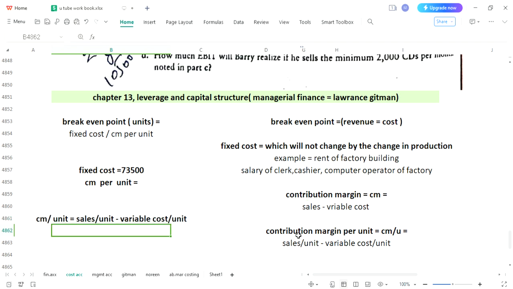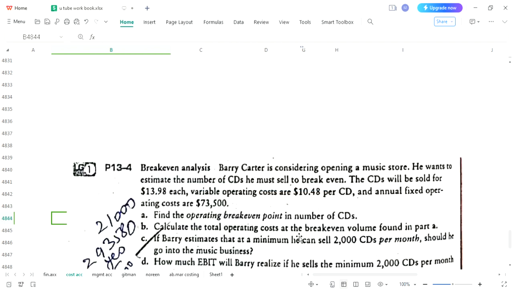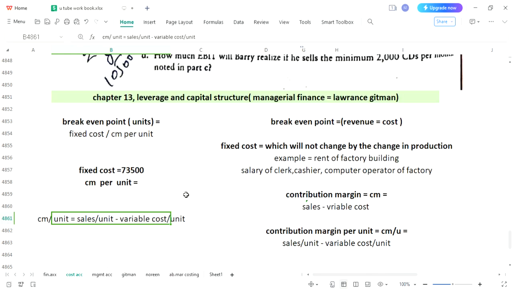Okay, so let's get back to the question and see. CDs will be sold for 13.98. Sold means sale price per unit we have got, and that is 13.98. And you need to subtract variable cost.